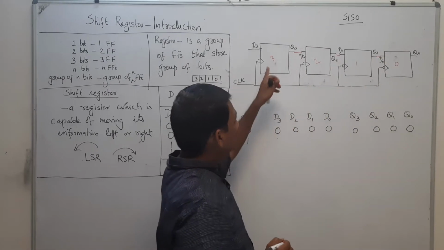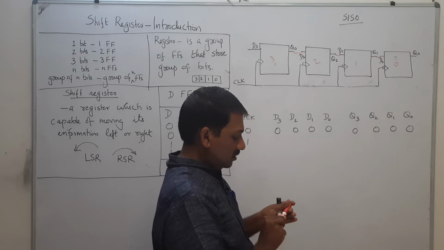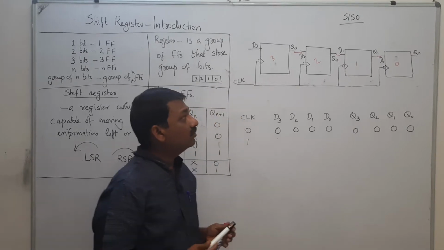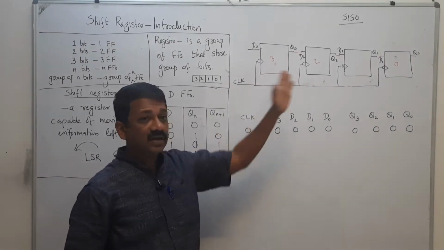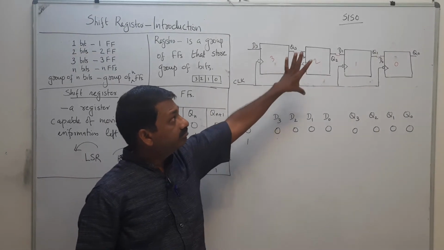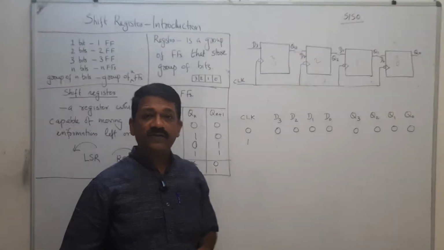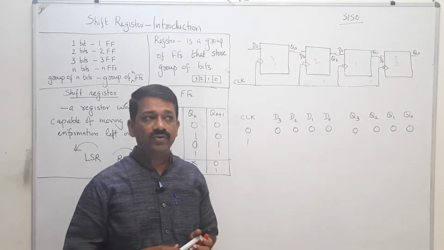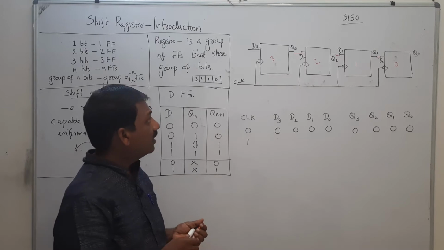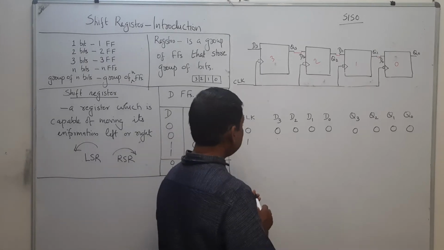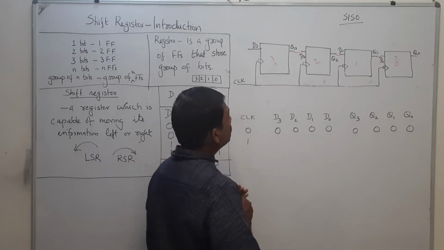Here we are going to see how this serial input, serial output shift register is working. Initially, suppose these are all zeros.